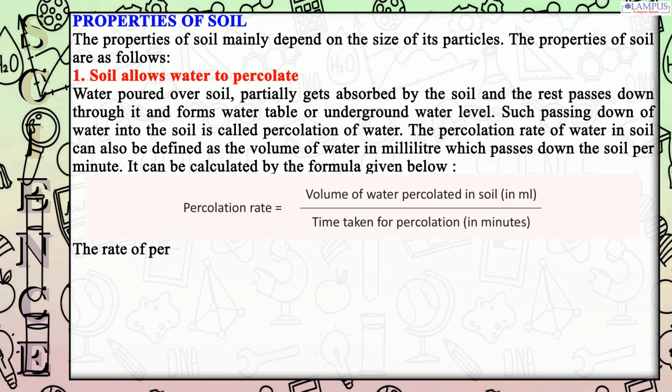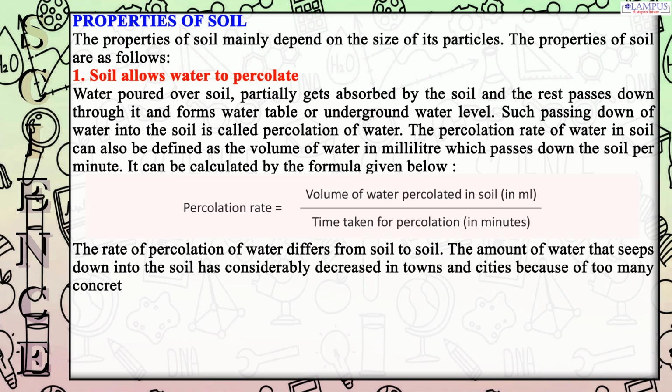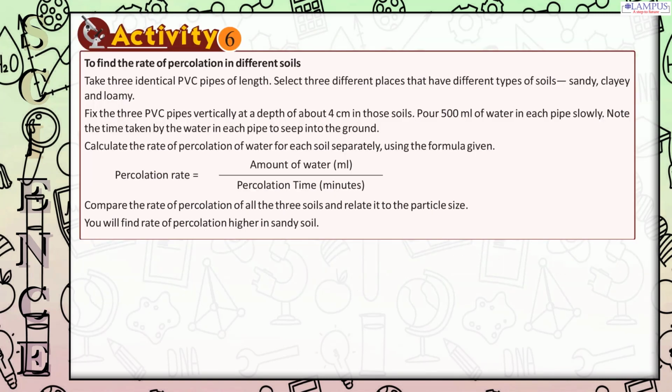The rate of percolation of water differs from soil to soil. The amount of water that seeps down into the soil has considerably decreased in towns and cities because of too many concrete structures. It is due to this reason that the water table has also gone down in some areas.